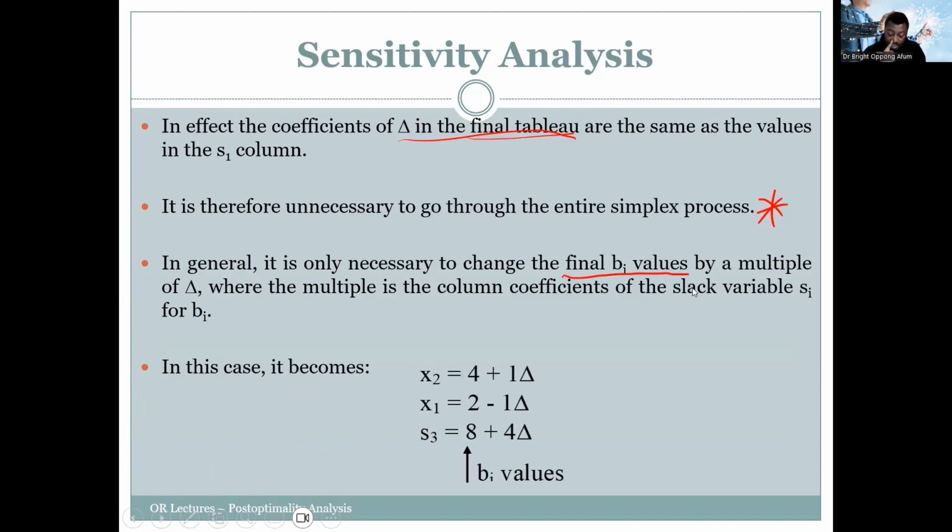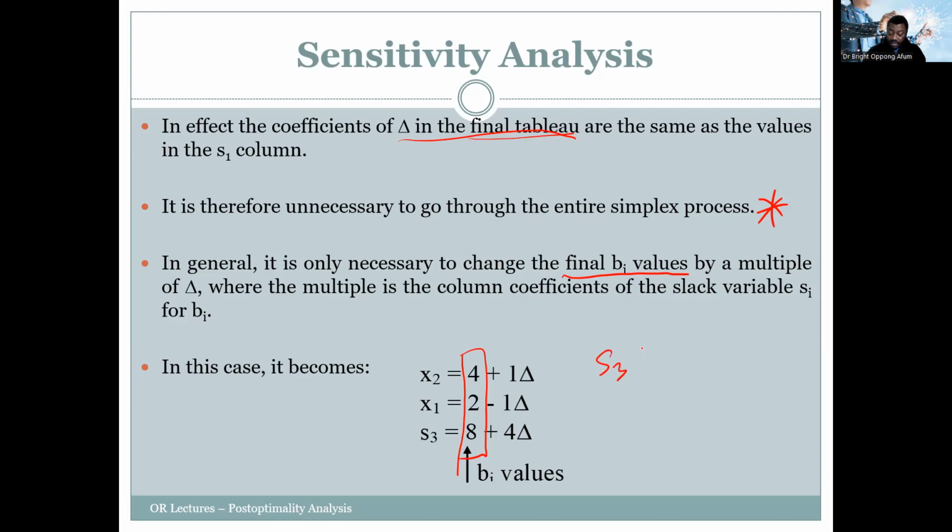What it means is that X2 becomes 4 plus 1 change, X1 is 2 minus change, and S3 is 8. So the variables that we are talking about are these. You see that these values never changed, apart from the ones that were changing.